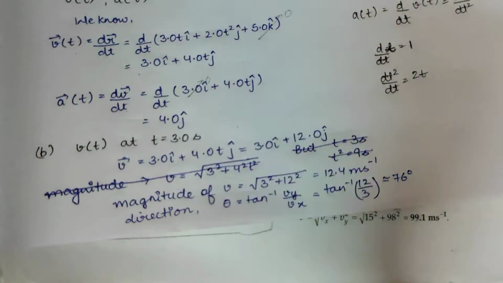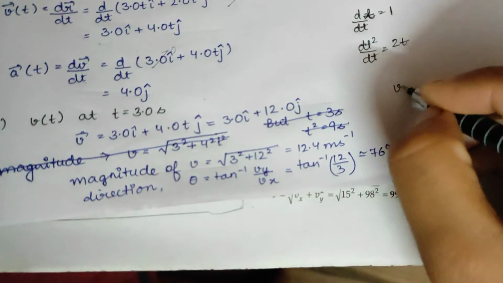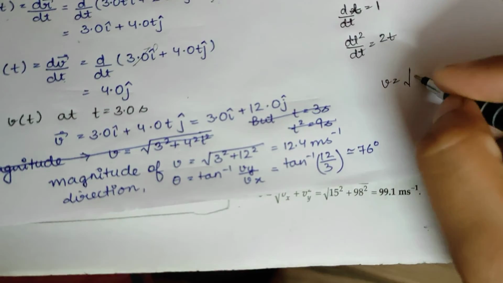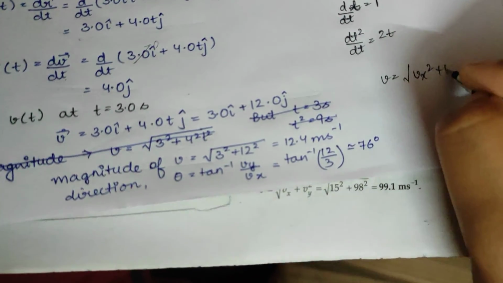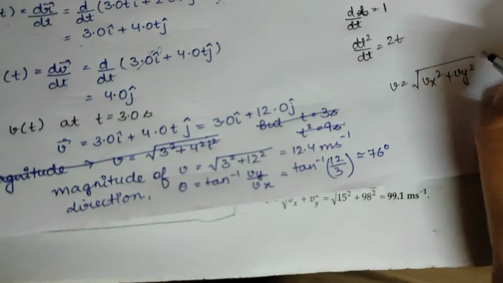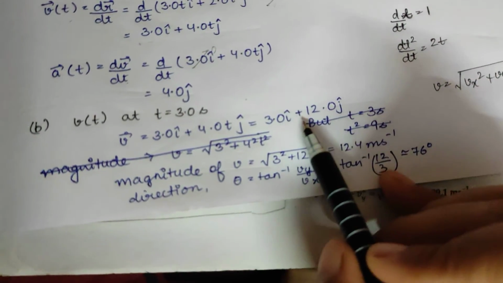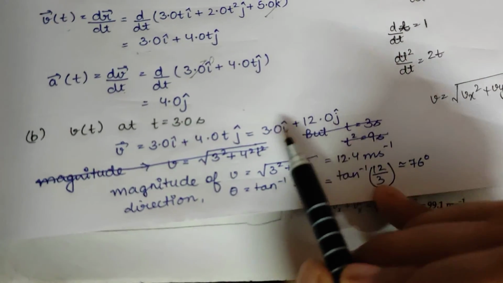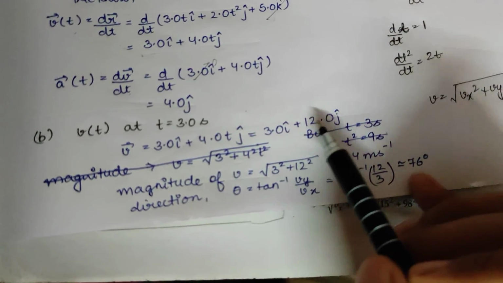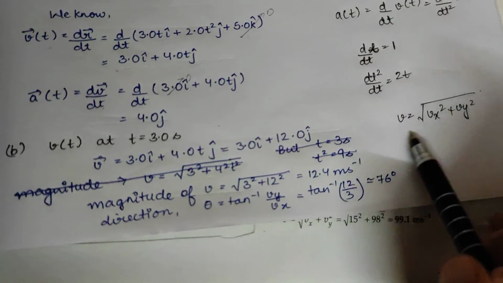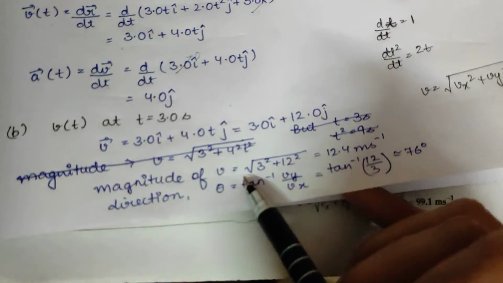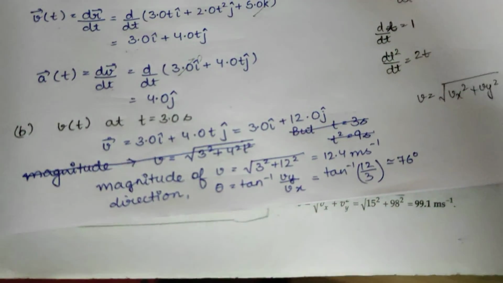We have to find the magnitude. I told you how we find magnitude: v is equal to under root of vx square plus vy square. We don't have a y square component here, but we have the x component and the z component, so we will find it like this. So the magnitude will become under root 3 square plus 12 square.